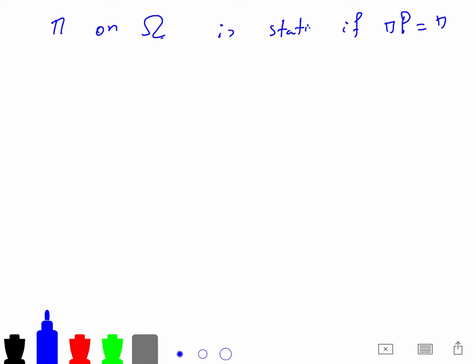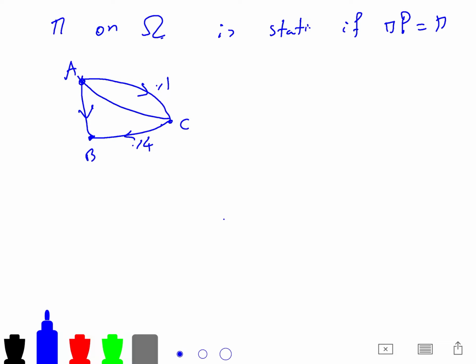And what is your transition matrix? The transition matrix of a Markov chain. For example, we have A, we have B, we have C. This is your graph. And for example, from C to B, this is 0.4. From A to C, this is 0.1. From C to A, 0.6 and 0.9, something like this.